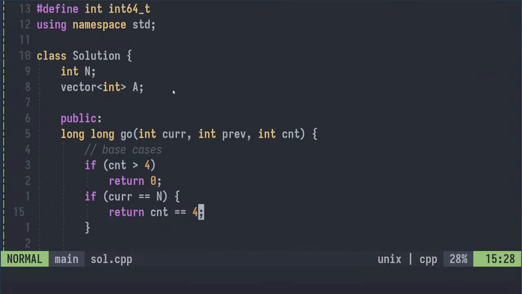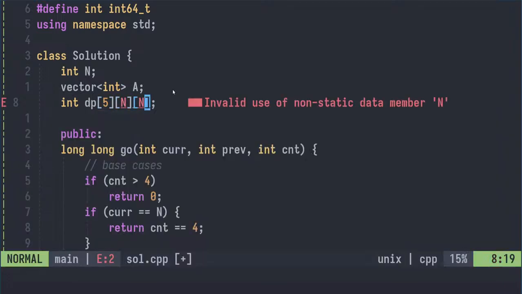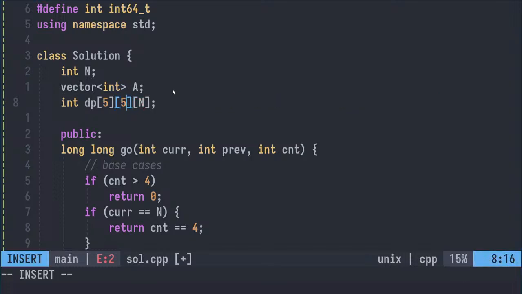and this is an exponential solution because we haven't memoized it. If we have to do that, we will do something like dp of 5 n and n. Let's say this is 1000.